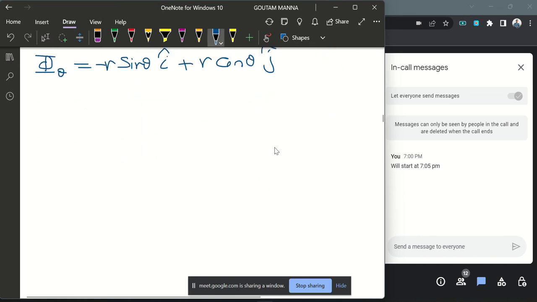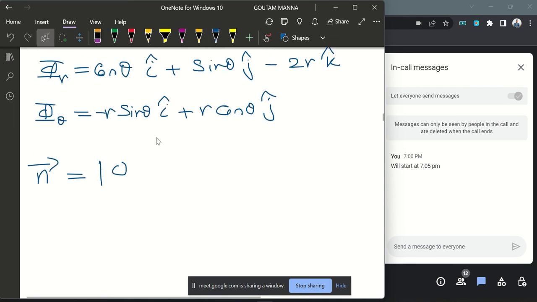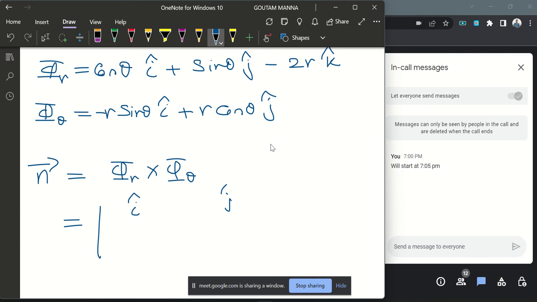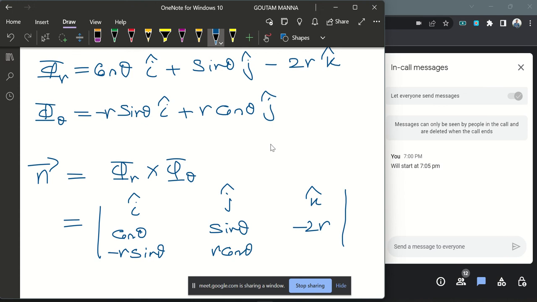So then the normal vector on the surface is given by phi r cross phi theta. If you do this cross product, it will be the determinant with i hat, j hat, k hat; cos theta, sin theta, minus 2r; minus r sin theta, r cos theta, 0.